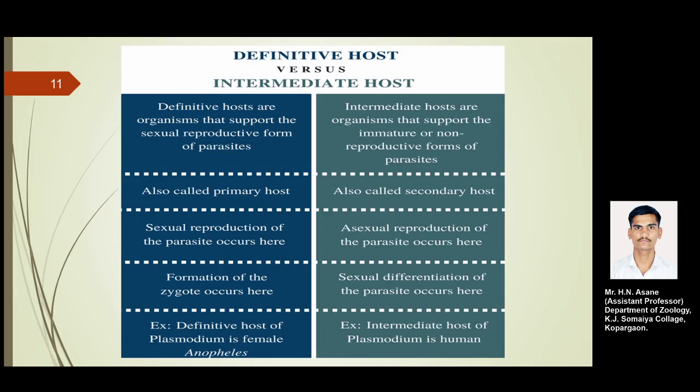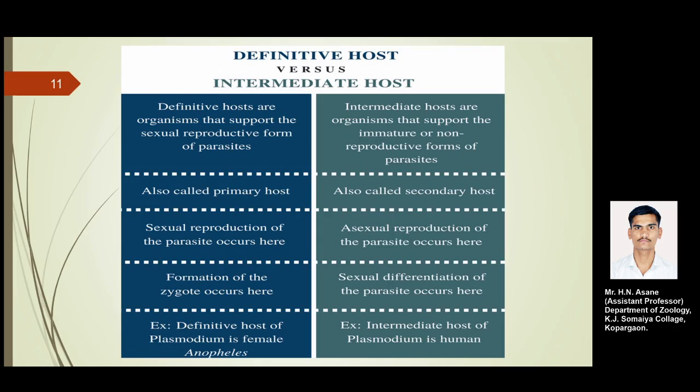Sexual reproduction of the parasite occurs in the definitive host, and asexual reproduction of the parasites occurs in the intermediate host. Formation of the zygote and the sexual differentiation of the parasite occur in the intermediate host.